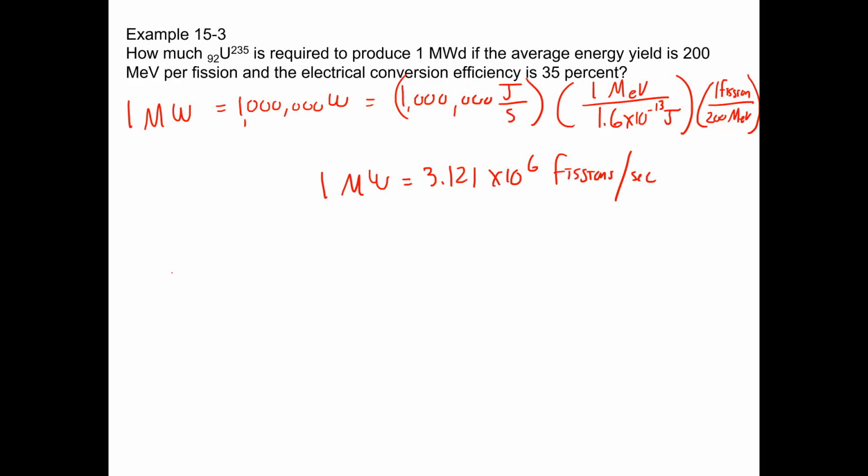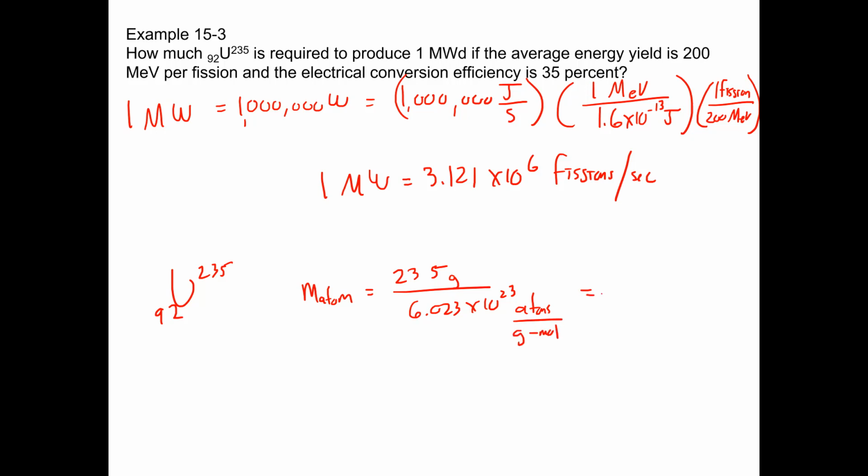And in the case of uranium-235, we know that the mass of an atom can be computed, since 235 grams of uranium-235 contains 6.023 times 10 to the 23 atoms per gram mole.